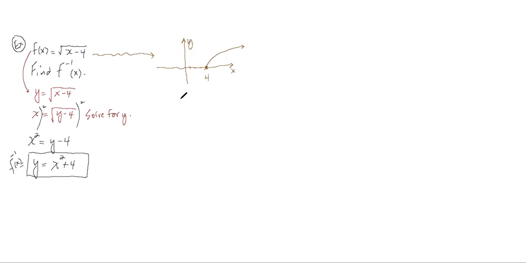So for this, my domain is from 4 to infinity. My range is from 0 to infinity. So domain goes that way, starting at 4, going to infinity. Range starts from the bottom going up. So it starts at this point, where its y value is 0, and it goes up also.